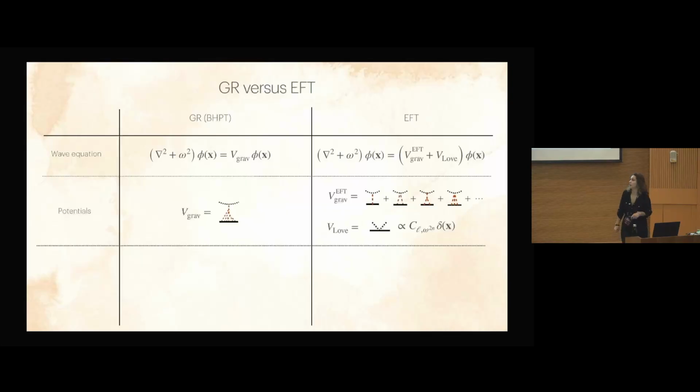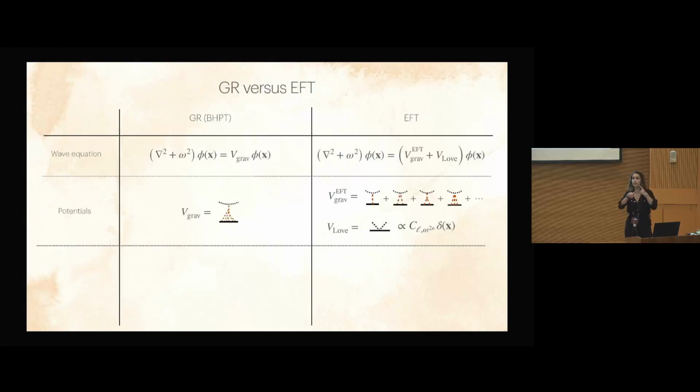What are these two potentials? In the GR calculation, it's going to be our all-order potential, which also includes the horizon, of course. While in our EFT, we basically expand the potential perturbatively. As soon as we do that, we basically erase the horizon. So this is just powers of 1 over r. In addition to this gravitational potential, we also have the effects from these Love numbers.